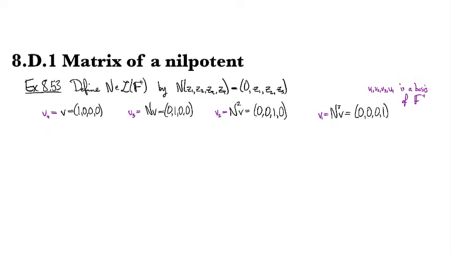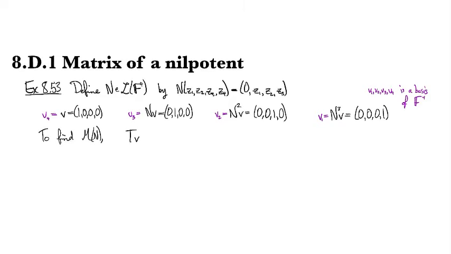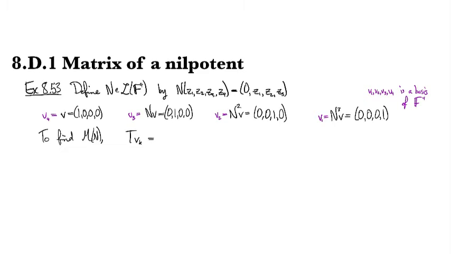So let's see. Now to find the matrix of the transform n, recall that we find the entries for the matrix T by looking at what happens when you apply it to the kth basis vector.